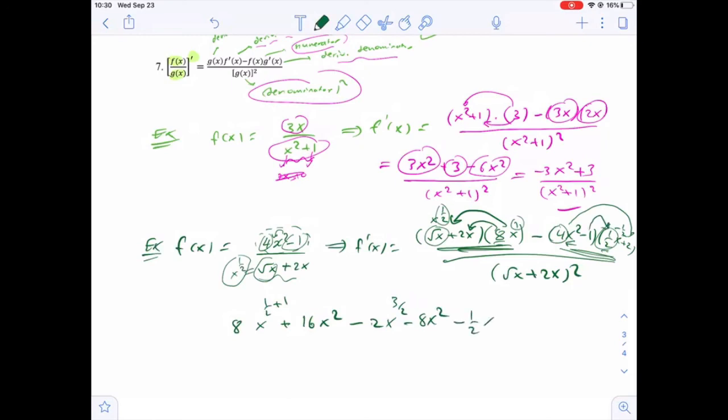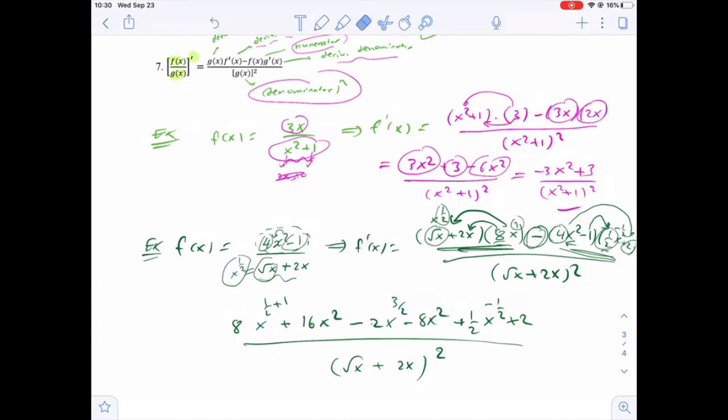Negative 1 times 1/2 is negative 1/2 x to negative 1/2, and we have negative here, it becomes positive. Now we have negative 1 times 2, negative 2, and we have negative here, that's plus 2, all divided by the denominator. And you need to remember that we don't need to expand the denominator. We always write it in that way, as a function raised to power 2. We don't need to expand it.